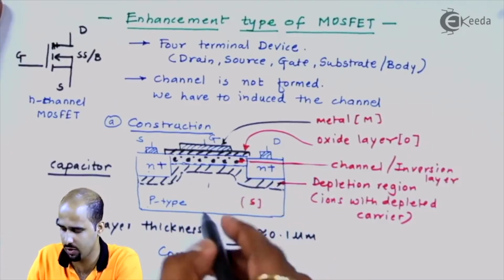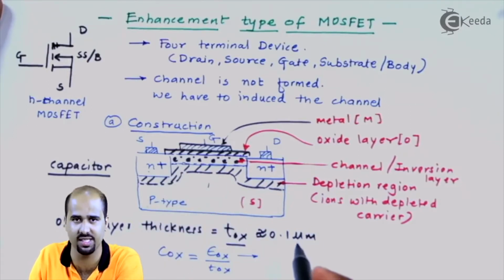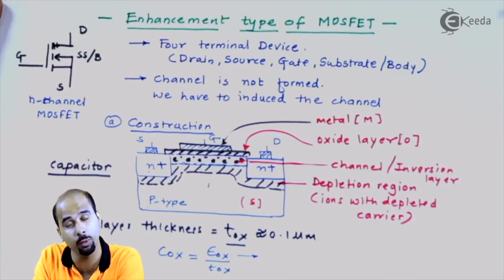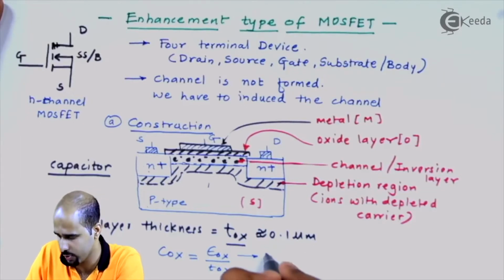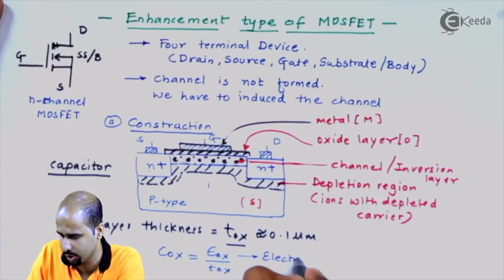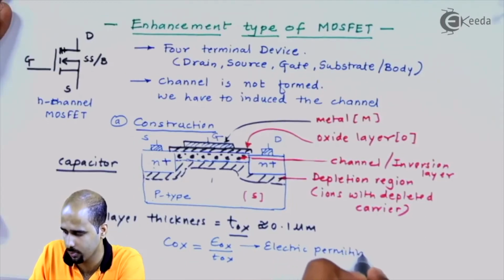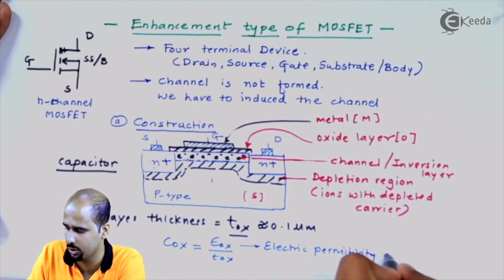For example, if you are using silicon dioxide, SiO2, it will have a particular electric permittivity, and that is called epsilon ox, the electric permittivity of oxide.